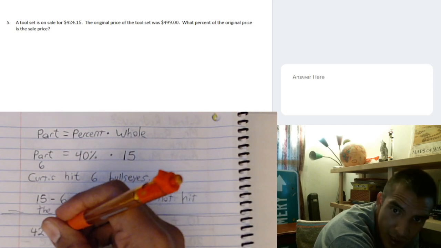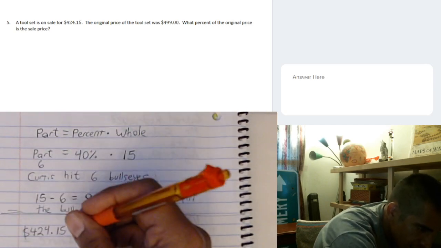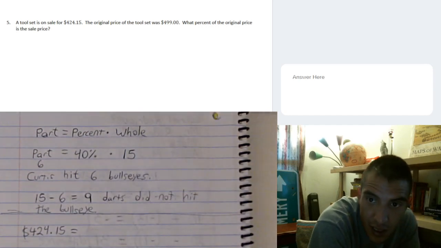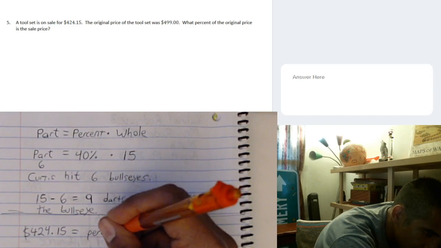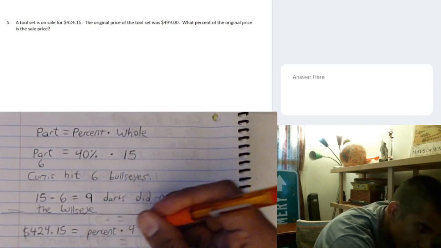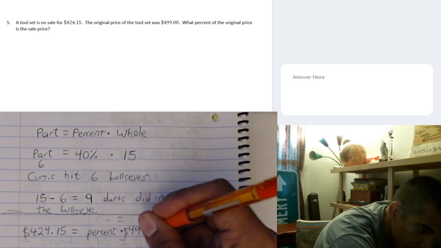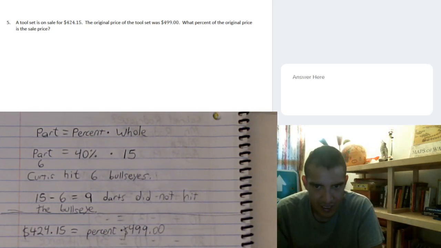This is the part price. So $424.15 is the part. That goes first. The percent we don't know, so I'm just going to write percent. And the whole is $499.00, which is just $499.